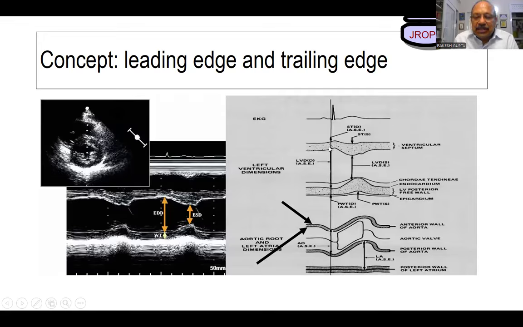Look, this is a section across the LV cavity. This is the maximum dimension of the LV, the beginning of systole or end diastole. At the end of the T wave, we have the smallest dimension of the LV, known as end systole, and on the same line, this is the maximum LA size. This is end systole. So whenever we talk of systole or diastole, this is all related to ECG gating.